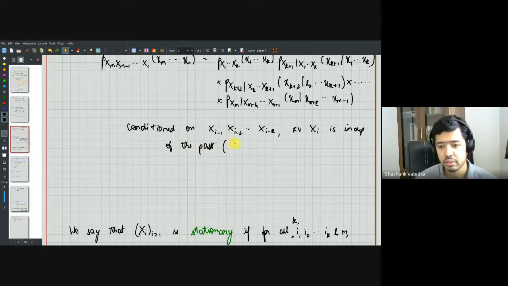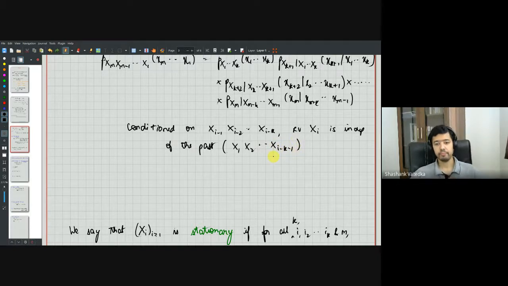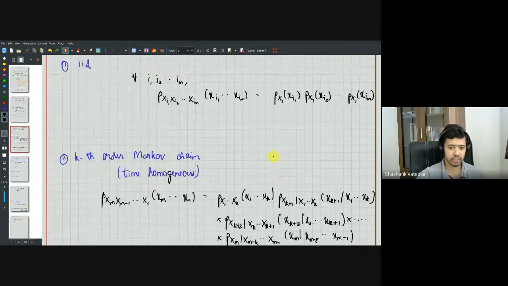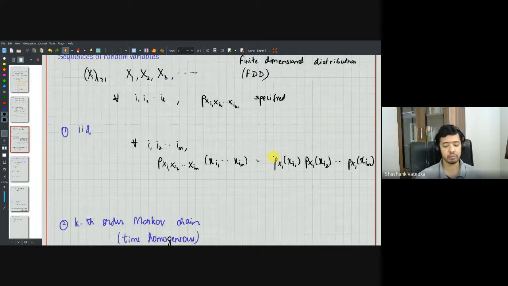By the past, I'm talking about x1, x2 up to x_{i-k-1}. Right, so this is what we call a Markov chain, and we will exclusively focus on IID and Markov chains in this particular course.